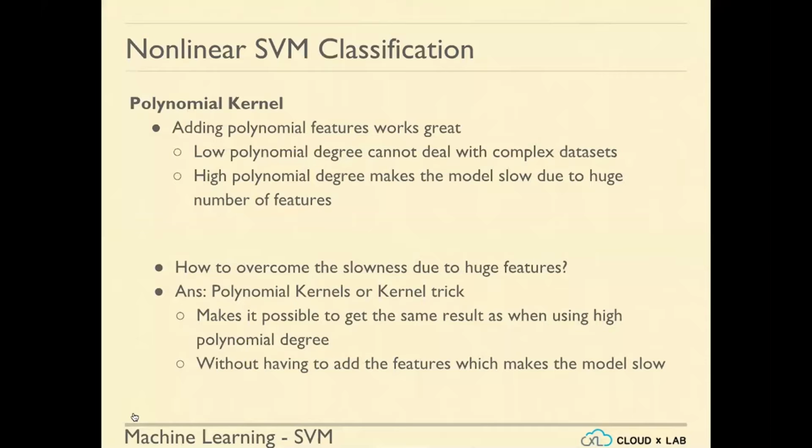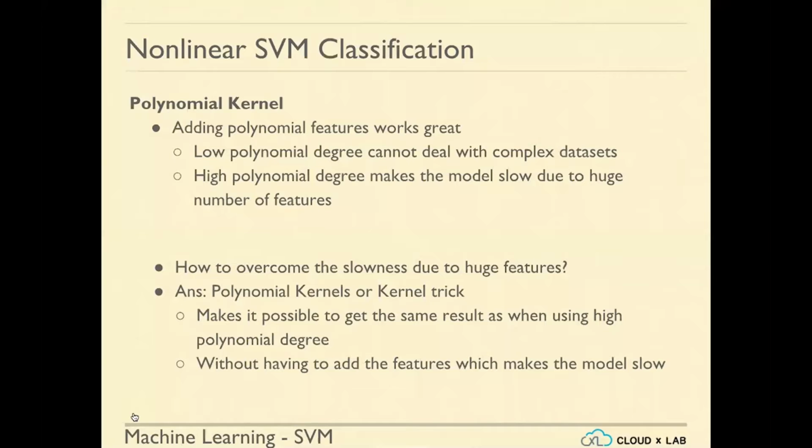So what we do is we will add these clever features, and those clever features we call kernels or kernel tricks. These clever features make it possible to get the same result as using the high polynomial degree without having to add the features which make the model slow.